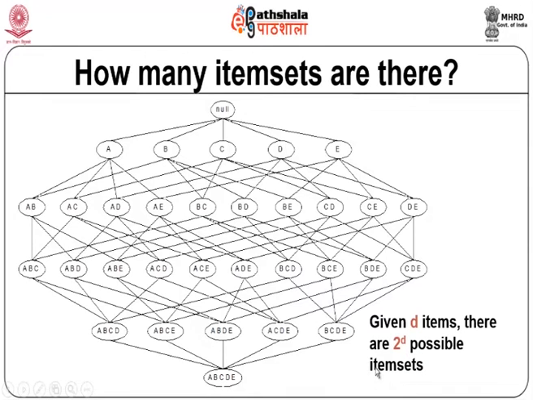So, in this scenario, if there are 5 items, D will be equal to 5, then the possible number of item sets that will be generated is defined by the equation 2 to the power of D, say 2 to the power of 5. That will be the total number of item sets that will be generated.